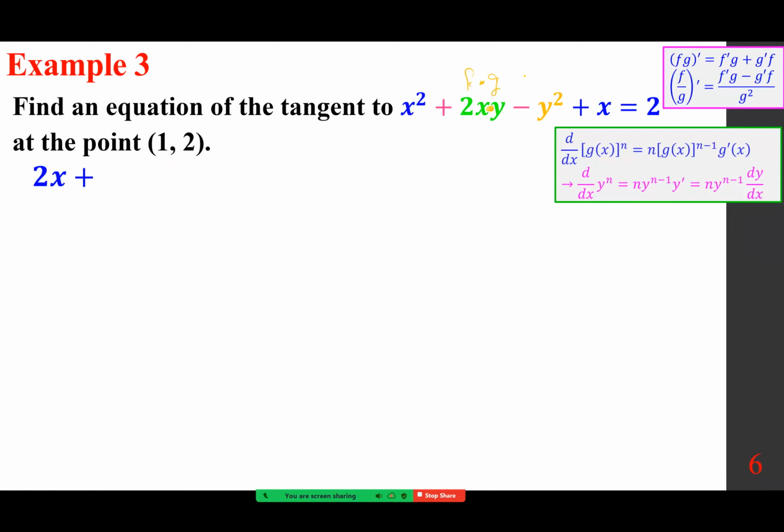So I'm using the product rule. 2x gives me 2 times y, plus y gives me y prime or dy dx times 2x. So right away, let me write this at top of it. So I have f prime g plus g prime f.